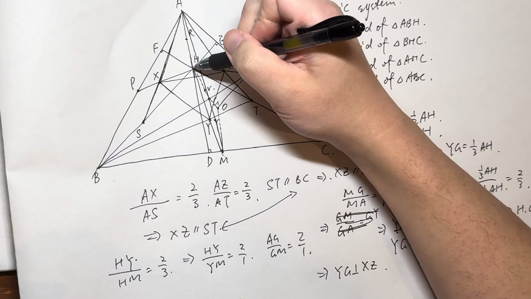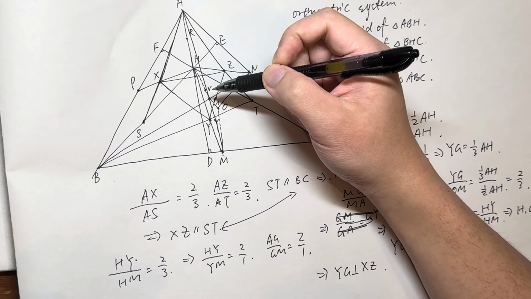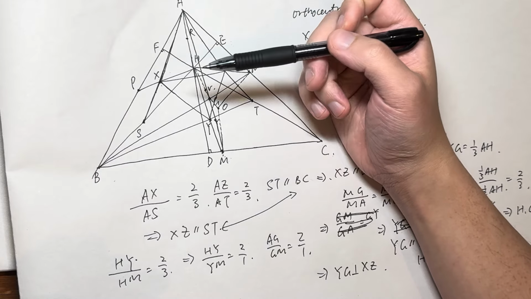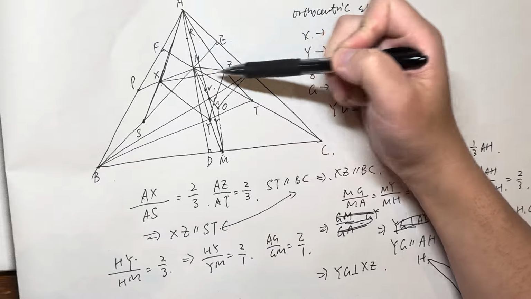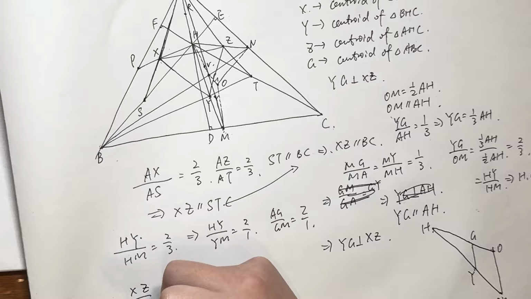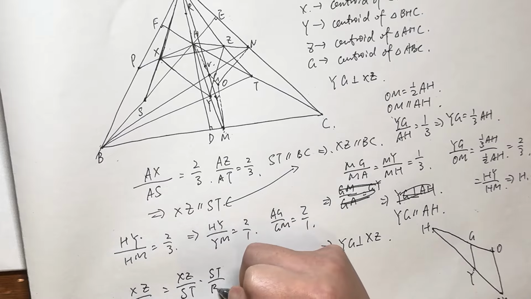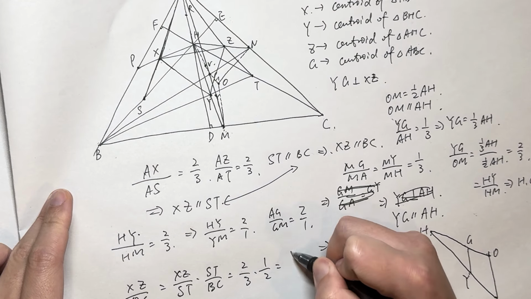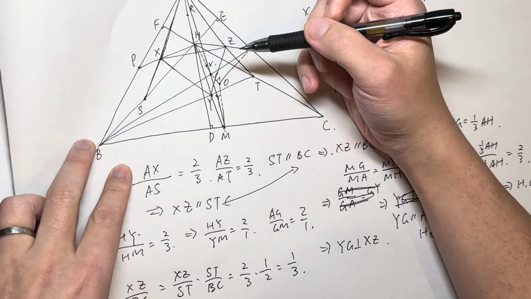So if we connect H and G, we know that the homothetic center is on it. And we also know that the homothetic center has the same ratio as the ratio of the two figures. So XZ to BC equals XZ to ST times ST to BC, which is 2 to 3 times 1 to 2, which is 1/3, right?